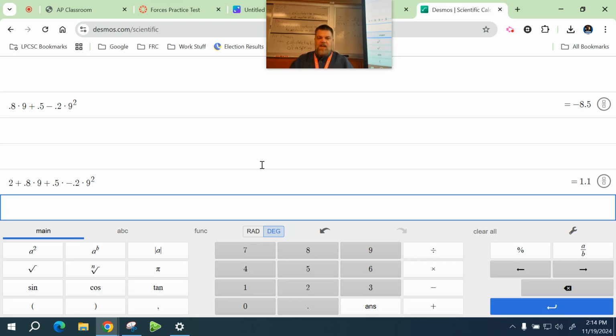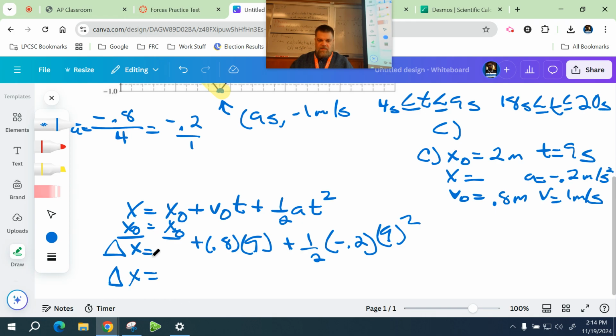There we go. All right, so I had it right. Everything I had was right. I just plugged it in the calculator wrong. So we don't need to do all this stuff. I was trying to figure out what I was doing wrong. So this was correct. This should be x equals 2. And then the final position, not delta x, the final position then is 1.1 meters.